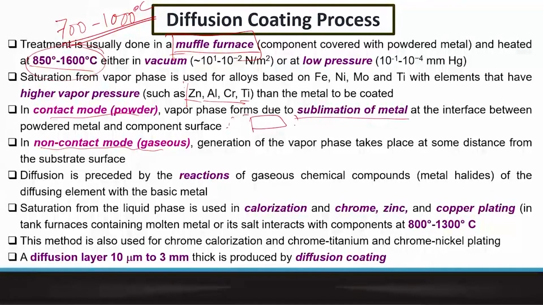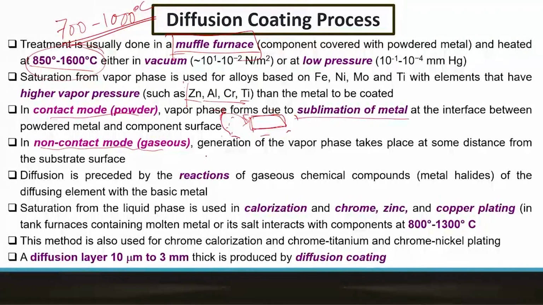The powders go into the vapor phase, and from the vapor phase they come in contact with the component surface, and that's where they decompose and liberate the target elements in the nascent form, or active atomic form.